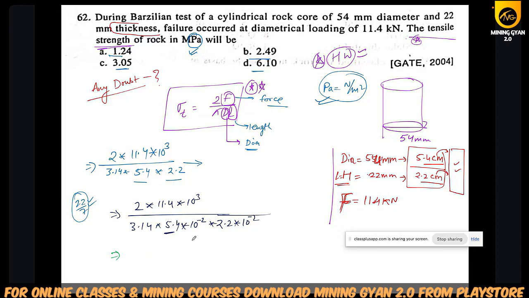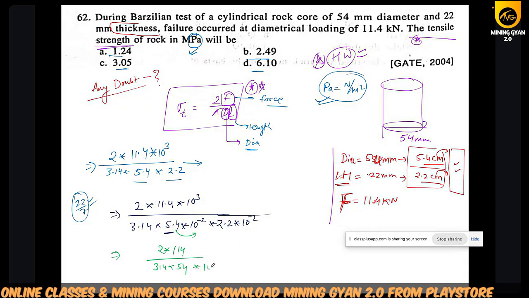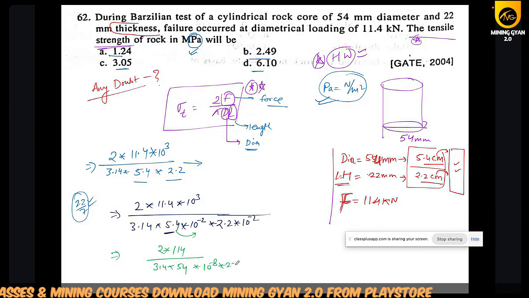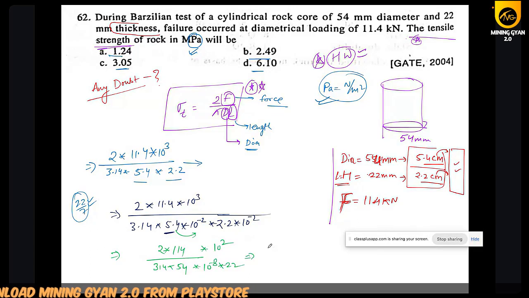If I can give you a clue, I will give you a clue. Minus 3, minus 5, minus 10 to power minus 8, and on the top side 10 to power 3, it will be 2 into 114 divided by 314 into 54. It will be 10 to power 10 divided by 22.